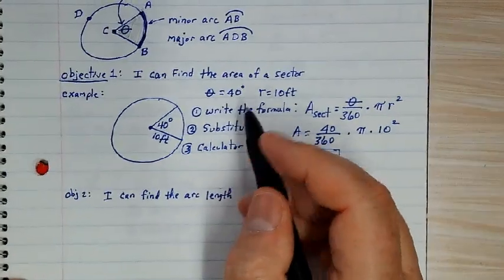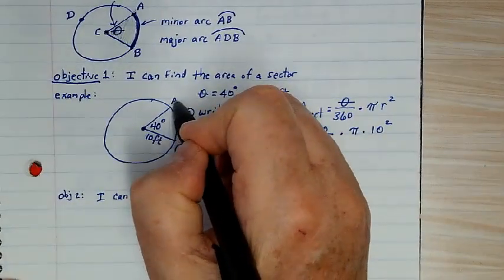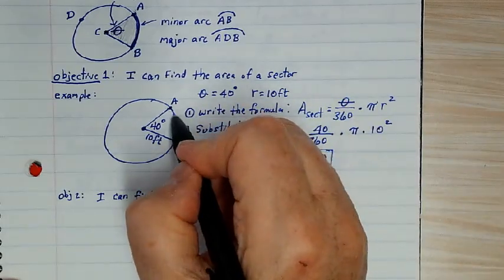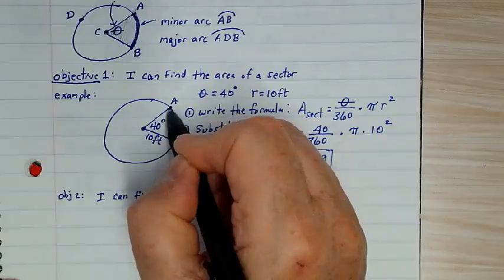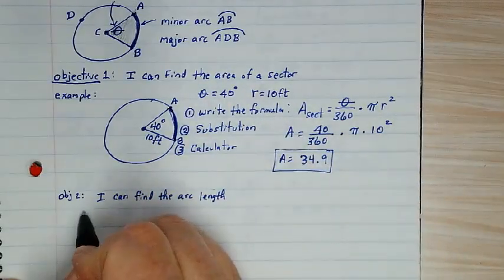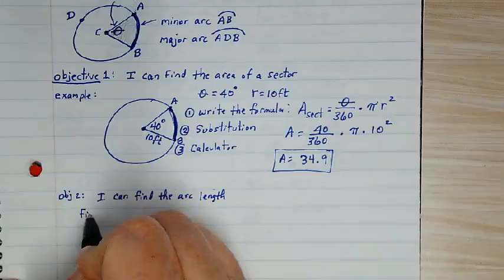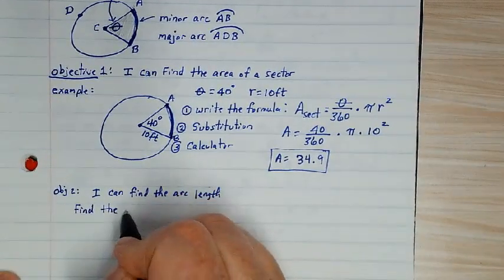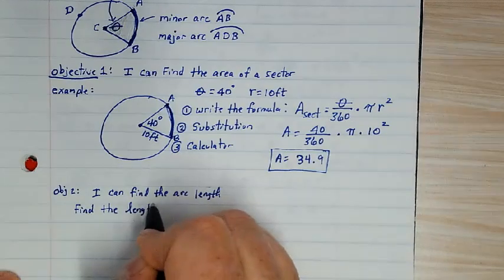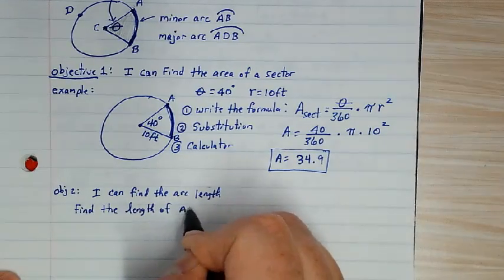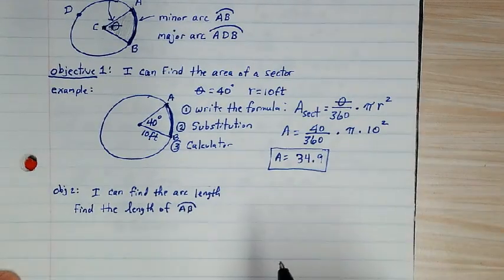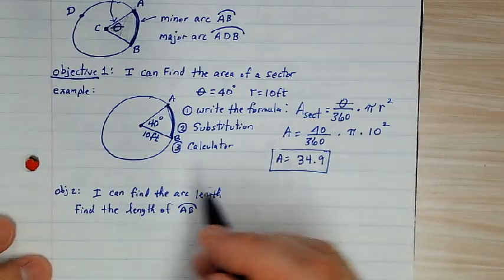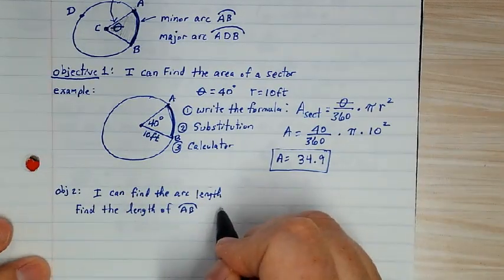In other words, if I called this point A and I called this point B right here, and I said, let's find the length of arc AB. It might say something like, find the length of arc AB. So the first thing we do is we start off with a formula. I'm going to use the letter S to represent arc length.